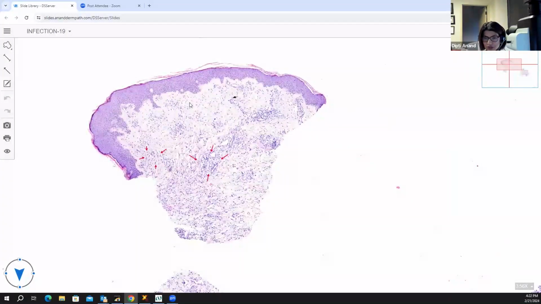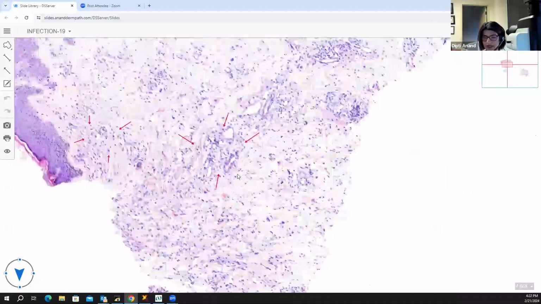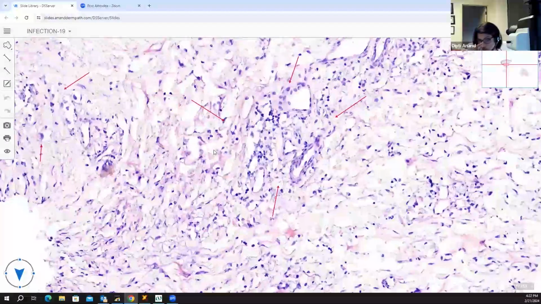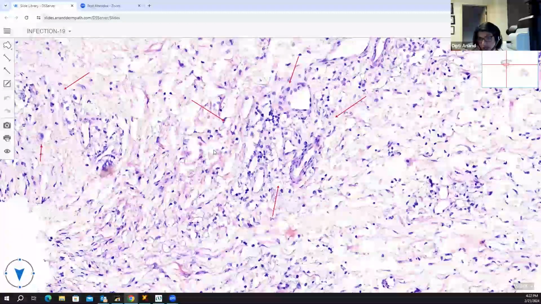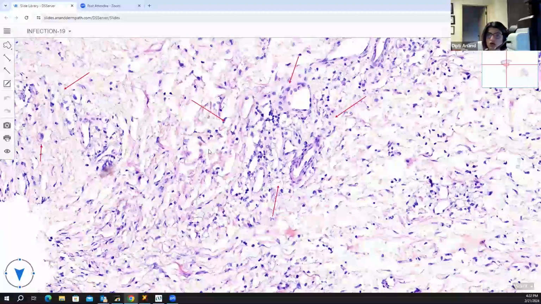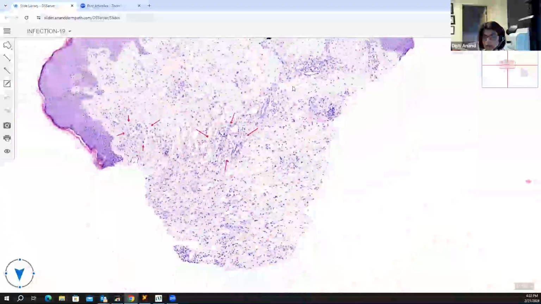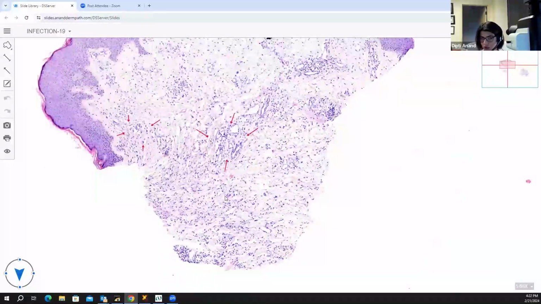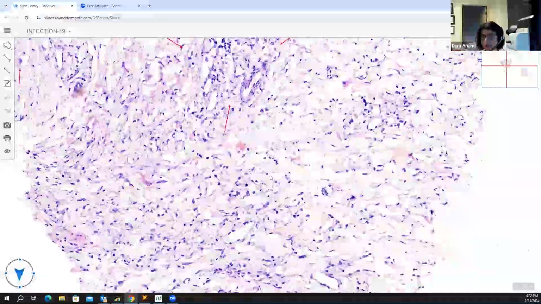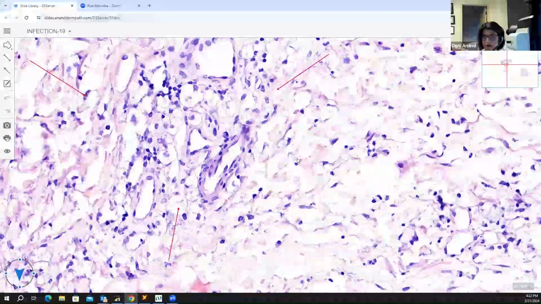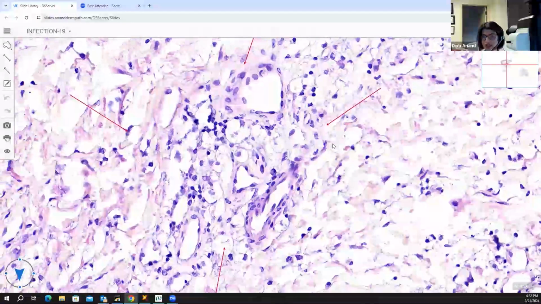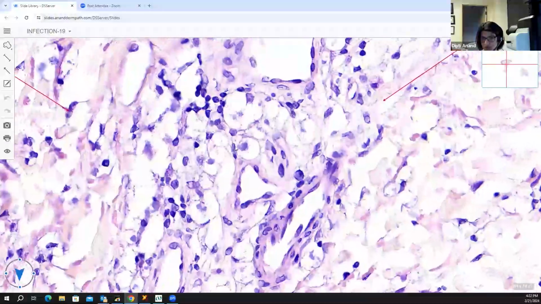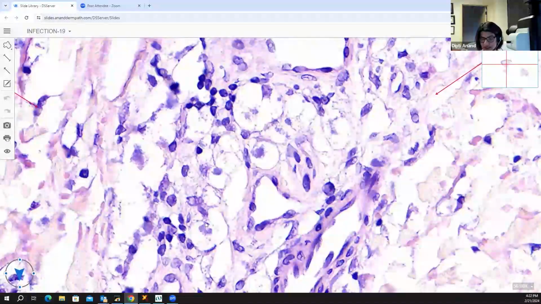It produces a reaction pattern with the Grenz zone. And in the dermis, you get infiltration of histiocytic cells, which look like foamy cells. So it will produce on low power, like holes and spaces in the dermis, and you will not exactly know what you're dealing with. But then when you go up on high power, you can easily identify these clear cells, which will have these clusters of bacteria within them. So you don't even need to stain it.